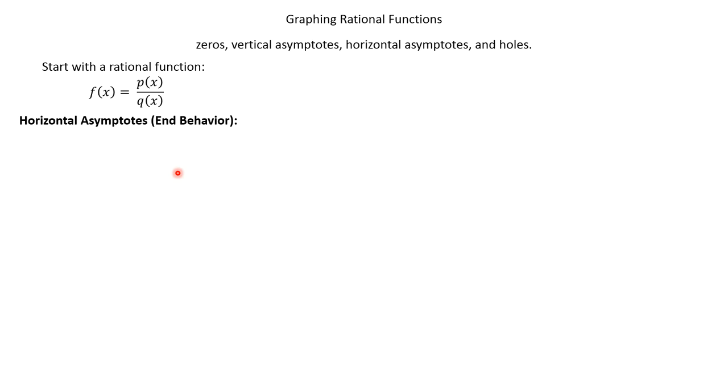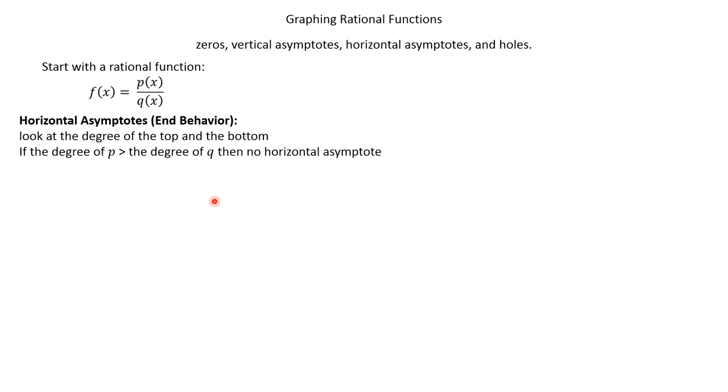This is the most difficult looking to find, but it actually is really, really easy and takes almost no math at all. So what we're going to do is look at the degree of both the top of the fraction and the bottom of the fraction. And remember, the degree is just the highest exponent in each of the polynomials. And then we're just going to play the what number is bigger game.